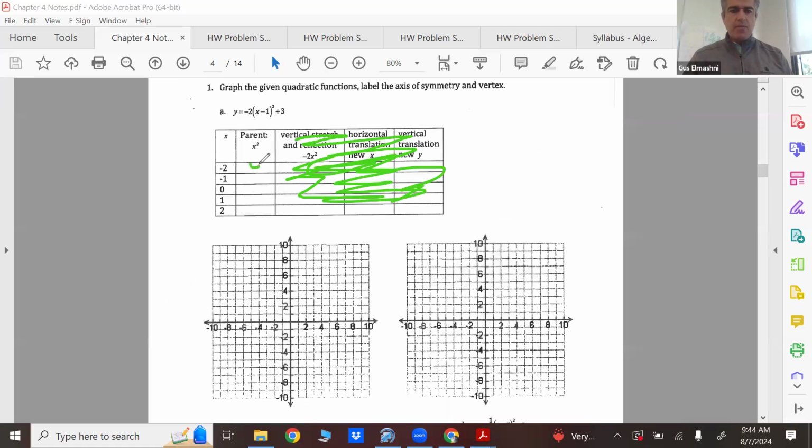So 4, 1, 0, 1, 4, that's your parent. The transformed. So notice how we're not really plugging in random values for x. I don't like that. Yes, we're doing a table, but we're being very calculating with how we're making the table, right? What you want to do is add 1 to x.